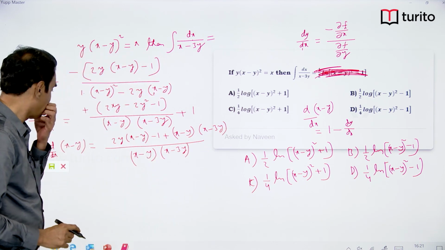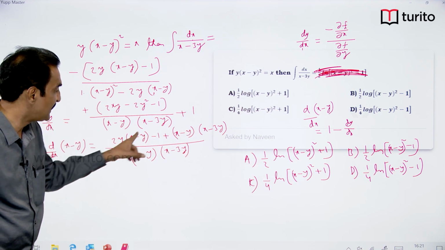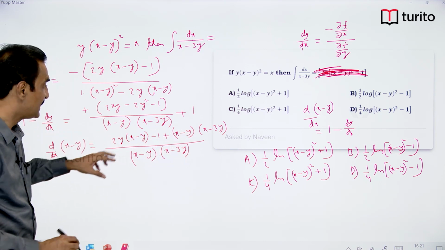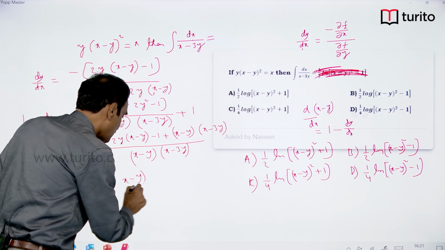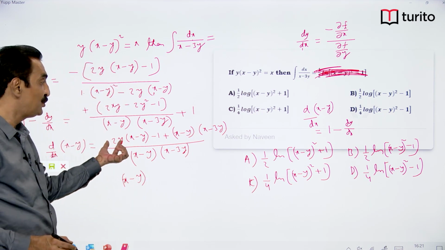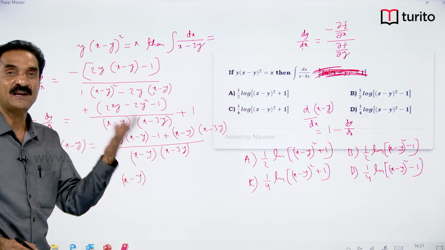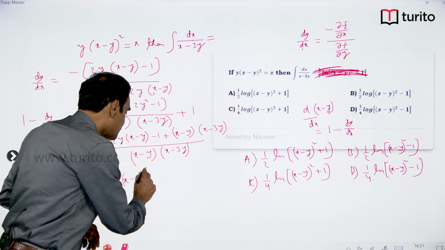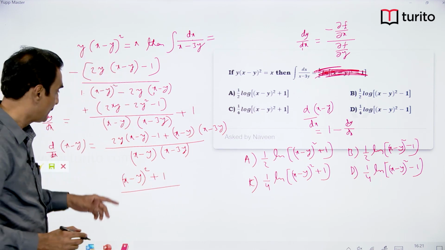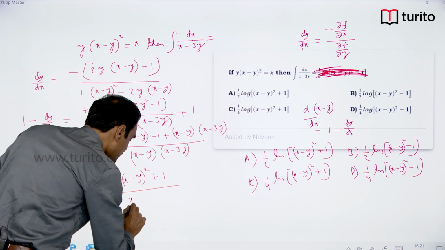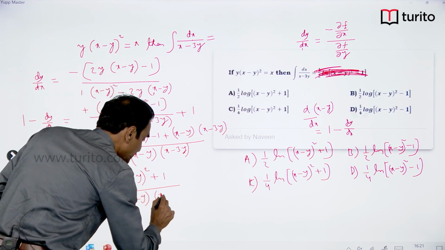Now, taking x minus y common from the first and last terms, you will get (x minus y) into, what is the remaining? 2y plus x minus 3y, that is also x minus y. So, it becomes (x minus y) whole square plus 1 upon (x minus y) into (x minus 3y).